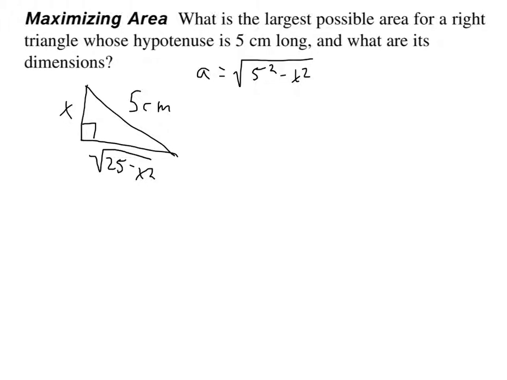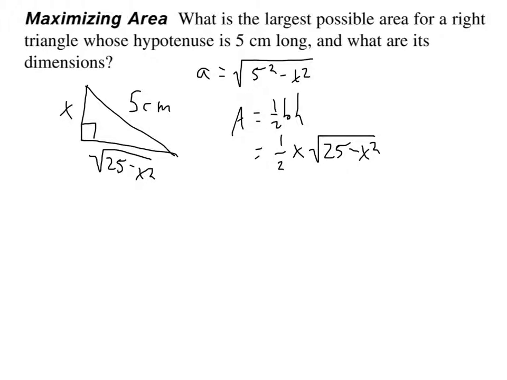So the area of a triangle is 1/2 base times height. So if I say that the base is x and the height is the square root of 25 minus x squared, I now have an equation for the area that I want to try to maximize.